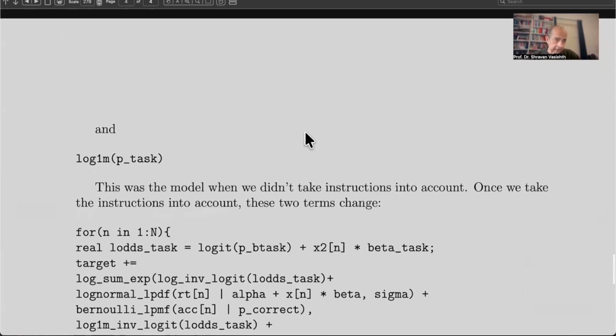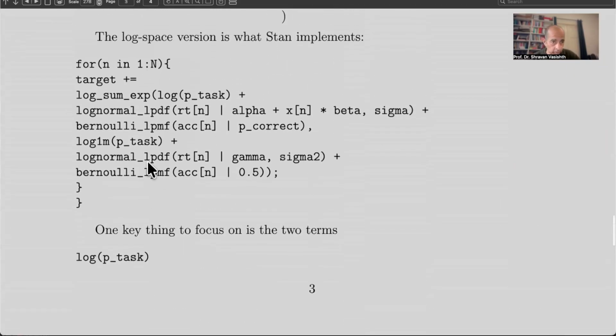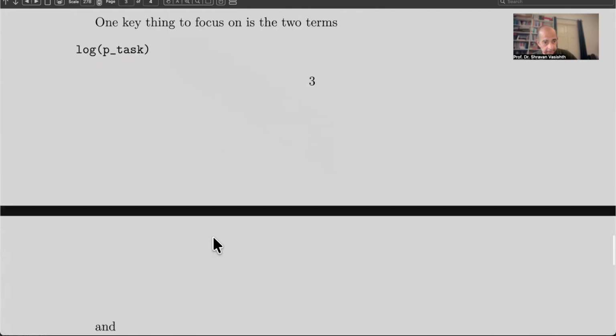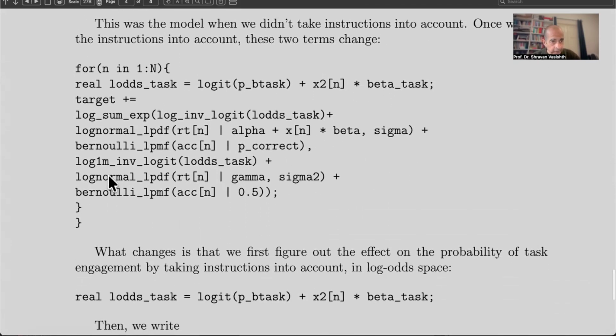And the other thing that changes is that instead of writing log 1 minus probability of task, if you look at the old model, when we didn't take task engagement into account, we had this. So this will also change now, right? This will become log 1m inverse logit, and it will also take 1 minus the probability of task engagement, because the inverse logit will convert the log odds to probability, and then 1 minus the probability is what is being computed here.